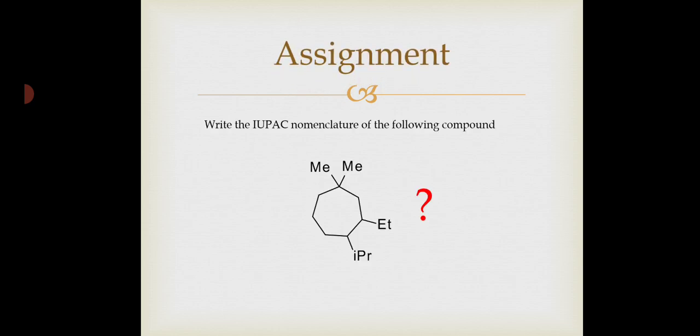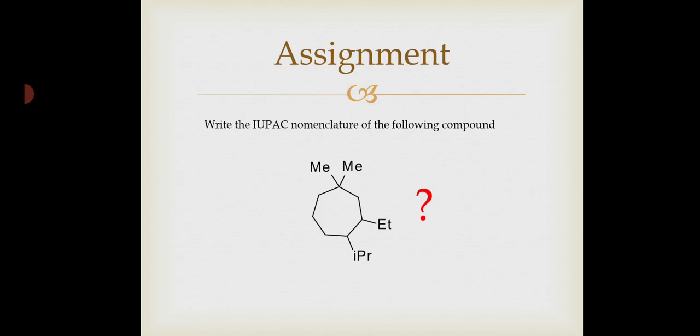Now here there is an assignment for you. Write the IUPAC nomenclature of the following compound. Just take up a pen and a paper, write the structure, look at the structure, and first look at the number of carbons present in the ring, and then look at the substituents present there.